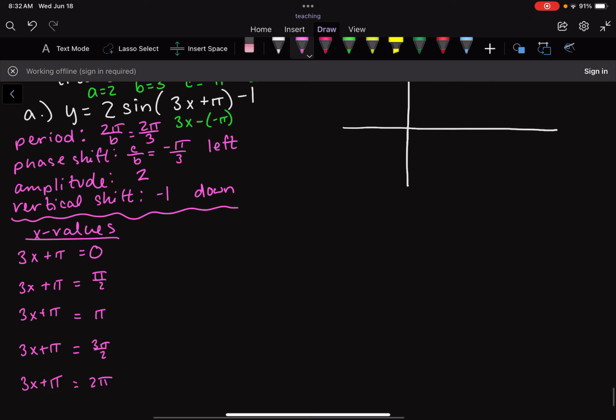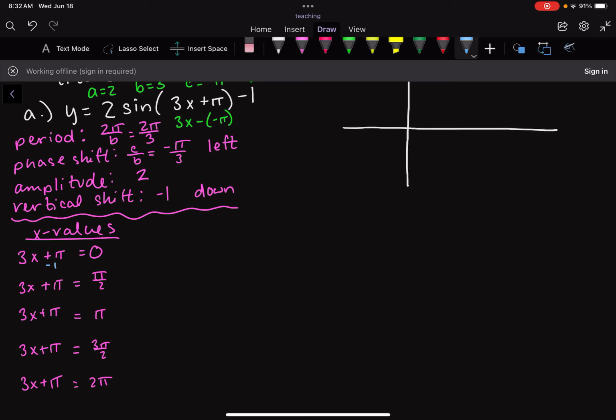So what I'm trying to figure out is what this 3 is doing and what this pi is doing that's going to change these x's from their original. Now I'm going to solve these for x.